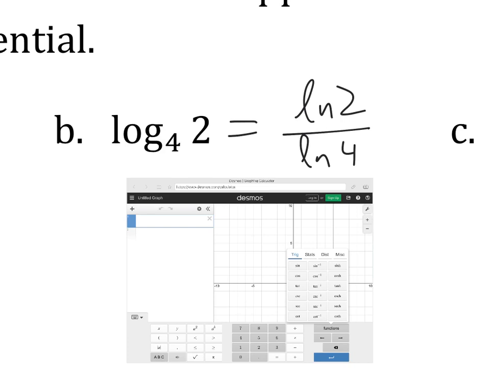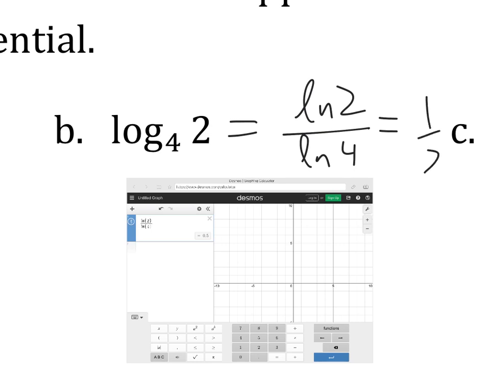We've got the natural log under miscellaneous, natural log of 2, close that parenthesis, divided by the natural log of 4. And that is 0.5, which is what we expect, 0.5 or a half, because 4 to the 1/2 power means square root, and the square root of 4 is 2.